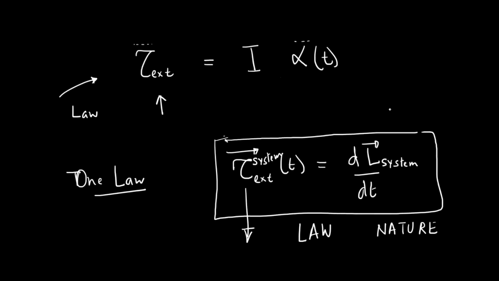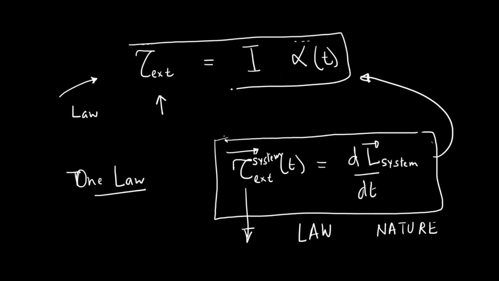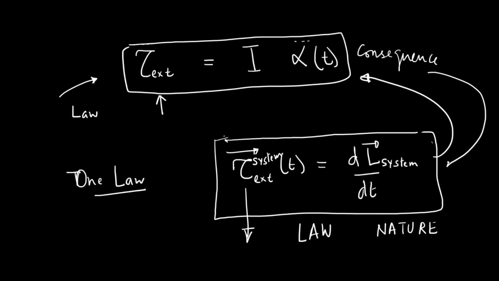What I would like to show you is that the specific problem that we are discussing has this formula as a consequence of the law. So the law leads to this, a consequence of the main law for the specific problem that we are doing. So I'm going to get to that.